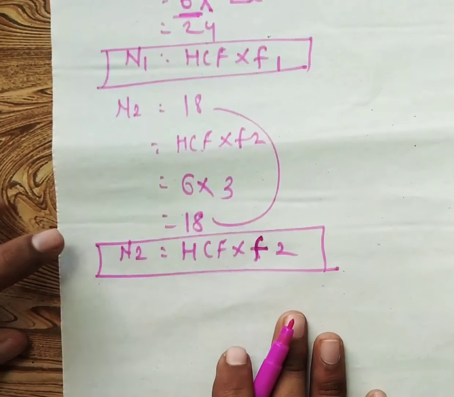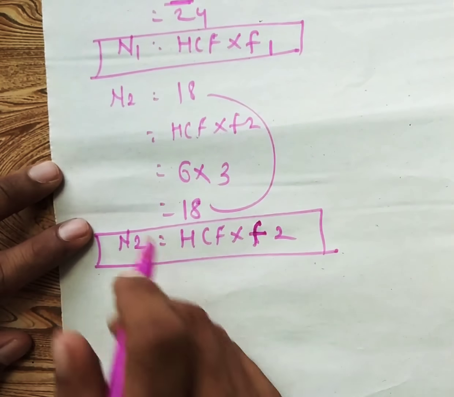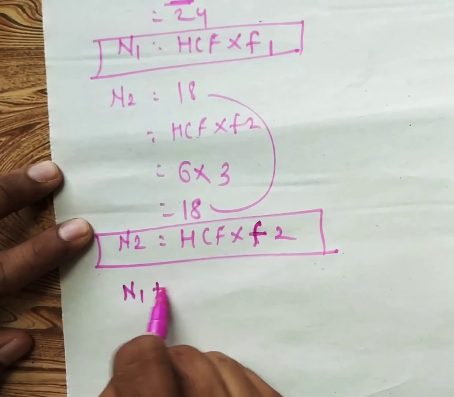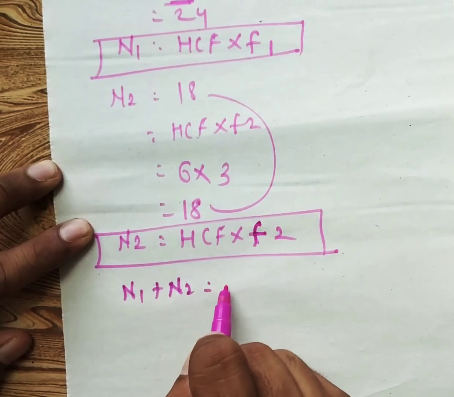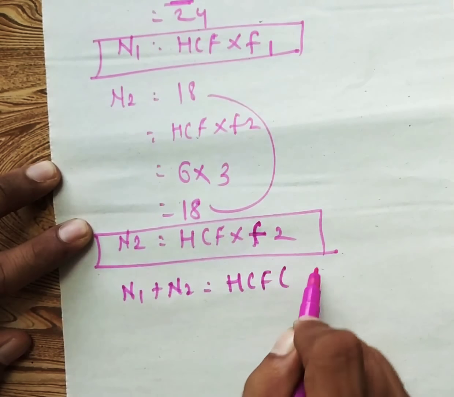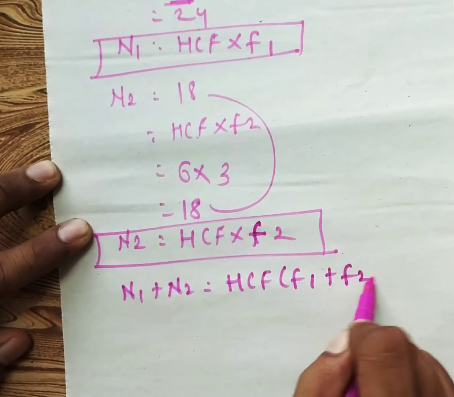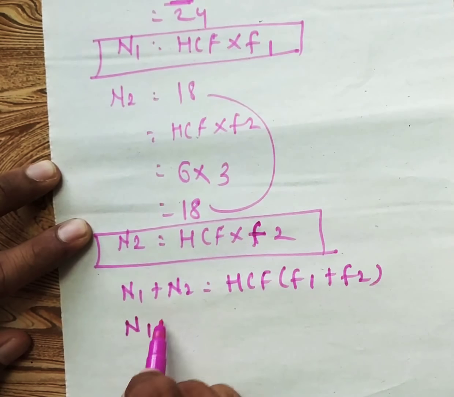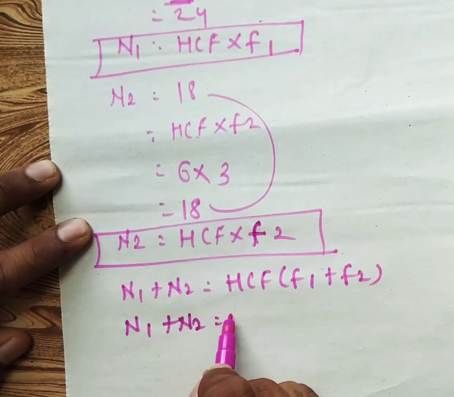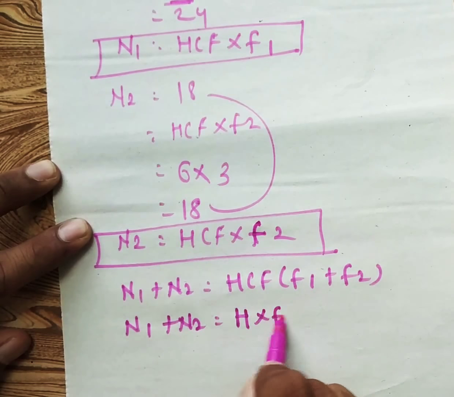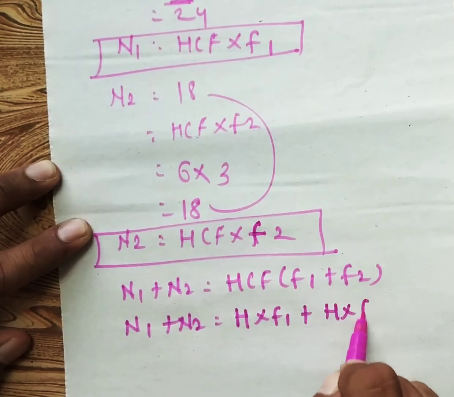And again, another important formula: the summation of two numbers n1 plus n2 is always equal to HCF into factor 1 plus factor 2. Means number 1 plus number 2 is equal to HCF into factor 1 plus HCF into factor 2.